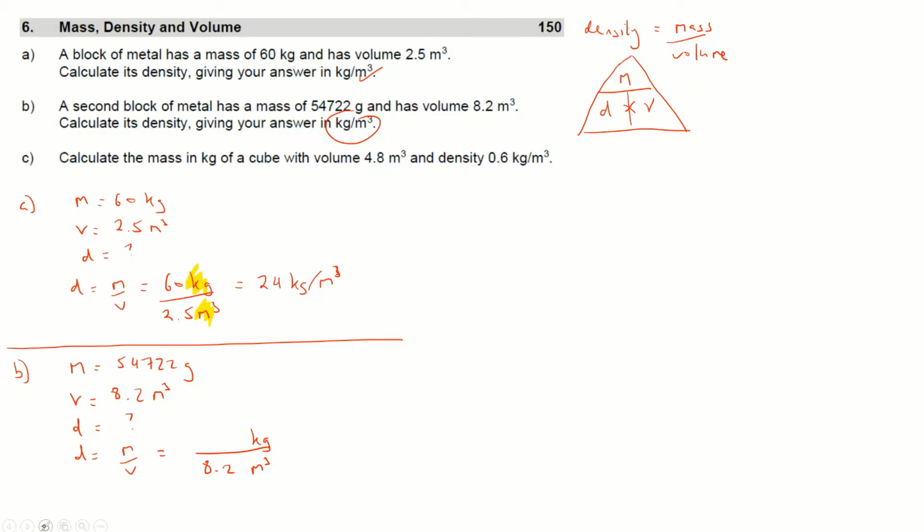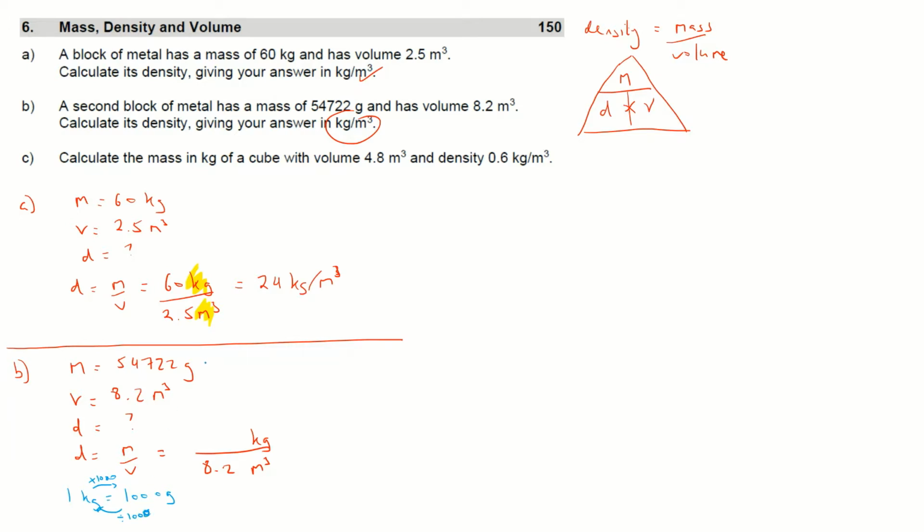This is in grams, but we should know, it's a life skill, that 1 kilogram is 1,000 grams. So going this way, you times it by 1,000. If you're working backwards, you would divide by 1,000.